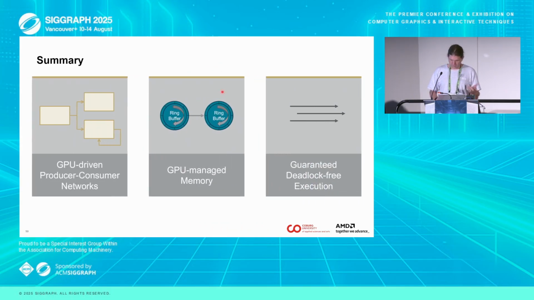Eventually you can combine all these concepts, and we've seen how we can do producer-consumer networks, with examples from the tree generation demo, but also from the GDC demo that we showed in 24. That enabled doing a lot of stuff on the GPU, actually doing everything on the GPU.